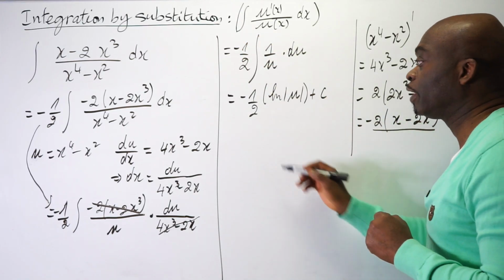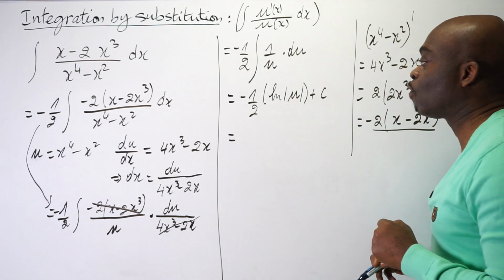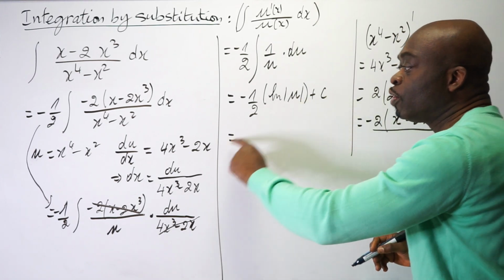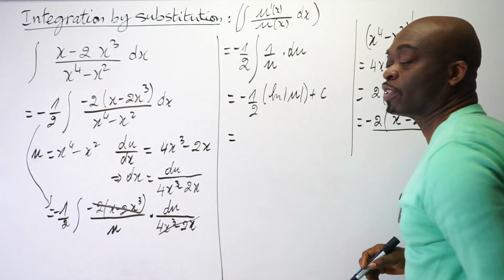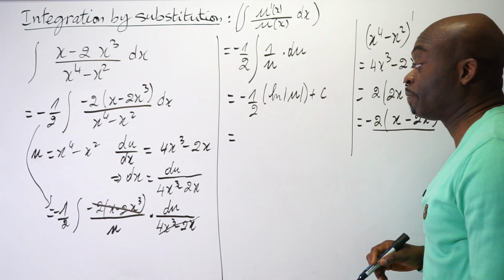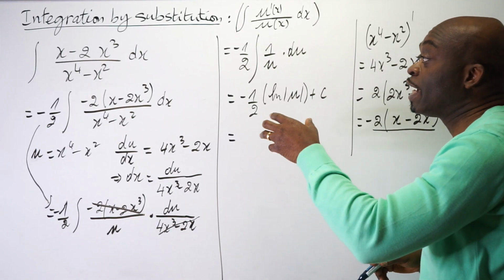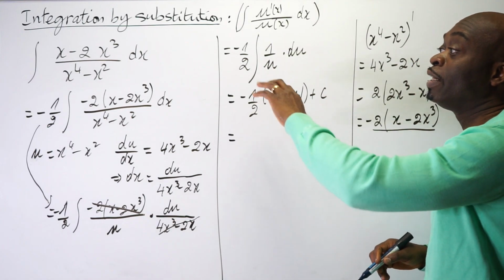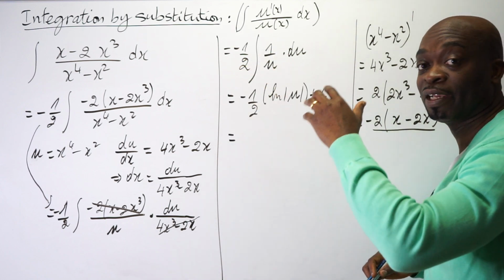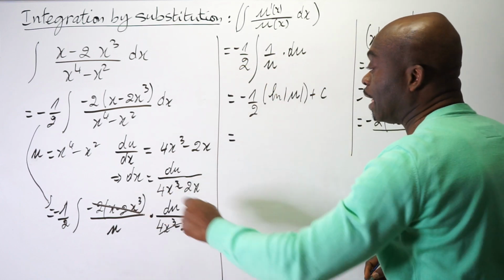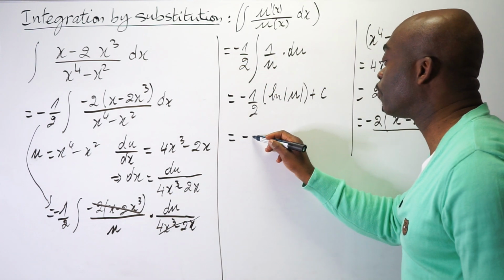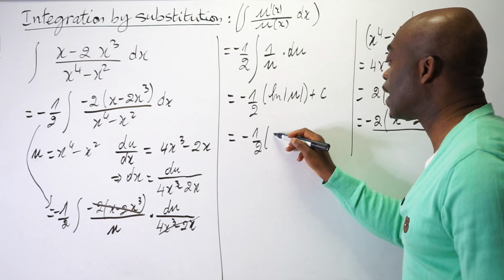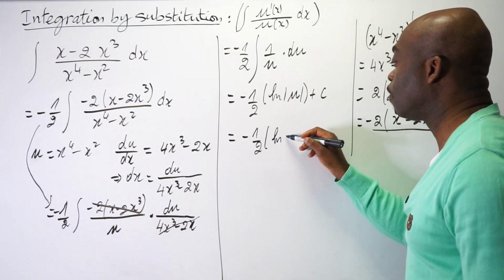So we got to get going. So we then have what? We know that u is equal to what? This one here, x to the 4th power minus x to the 2nd power. So we're going to substitute. So again, this is part of why we call this process integration by substitution. So then we have negative 1 over 2 times ln of absolute value.